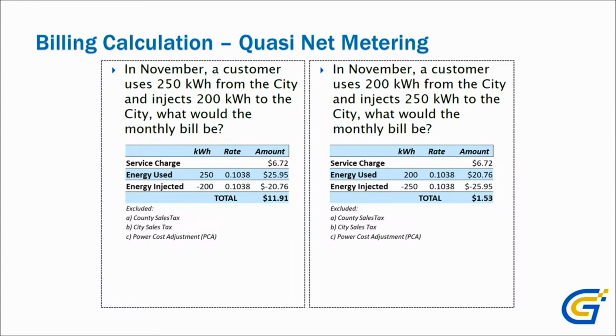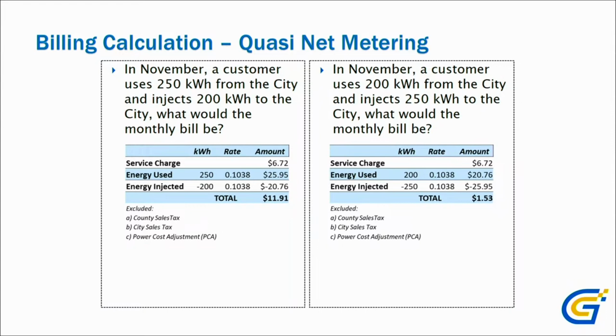So the quasi net metering in this case is the same as your net metering if you use that method. If we go the other way, you see that we have 200 times 0.1038, 20.76, injected minus 250 times 0.1038 is minus 25.95, the bill will be 1.53.